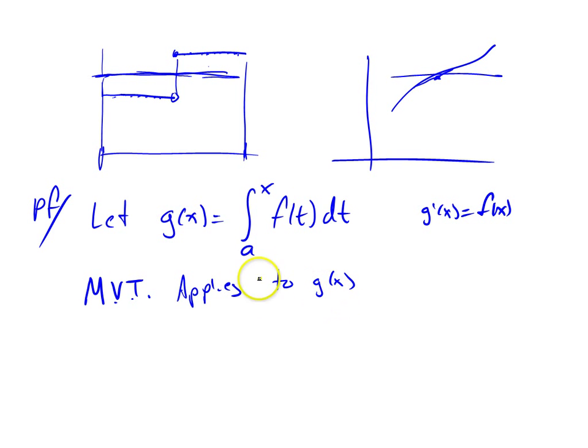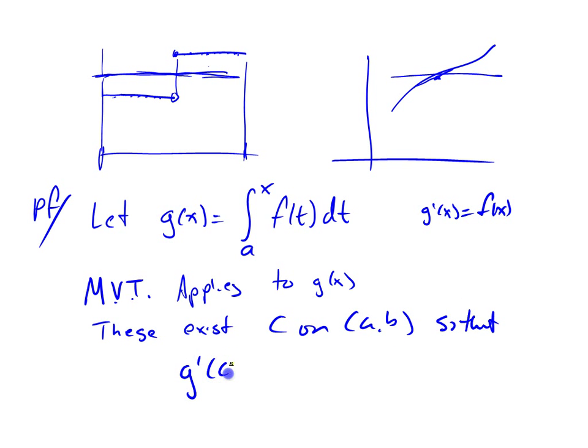The mean value theorem says that there exists a point c on the interval from a to b so that g prime of c is equal to, what? The average slope. So g of b minus g of a, all over b minus a.